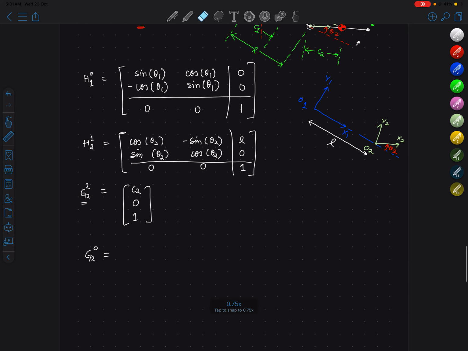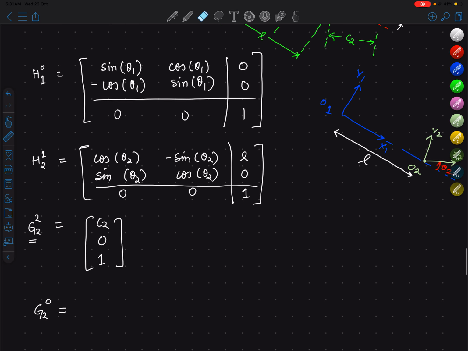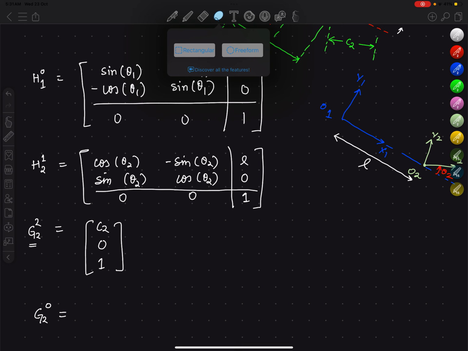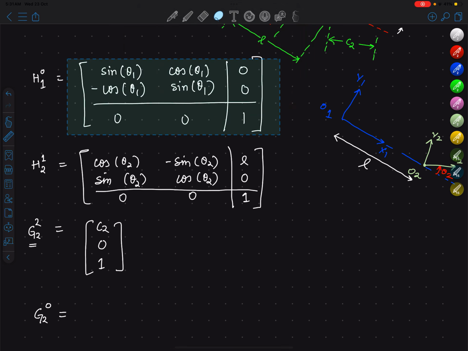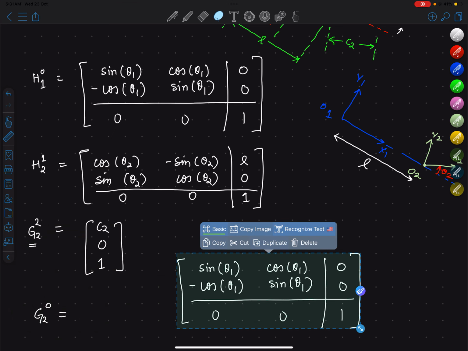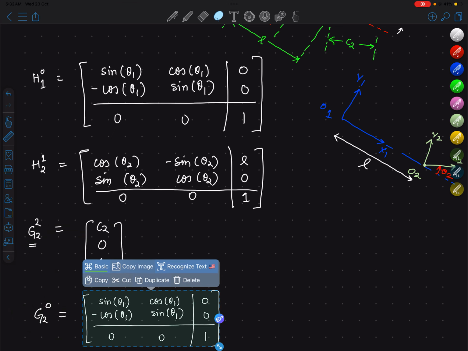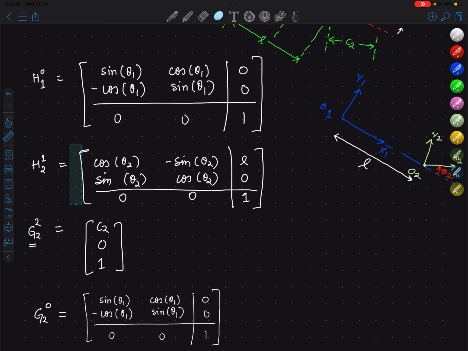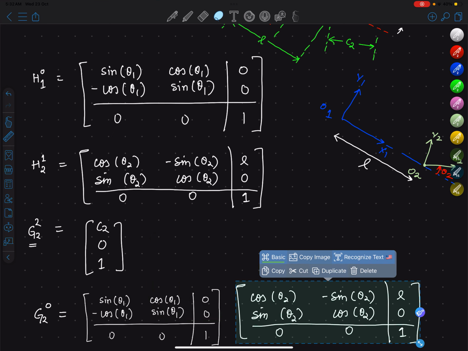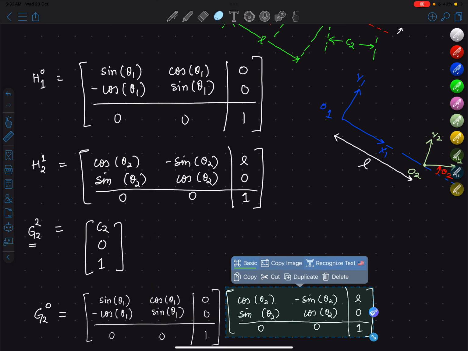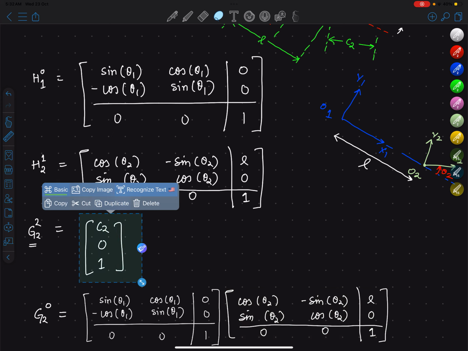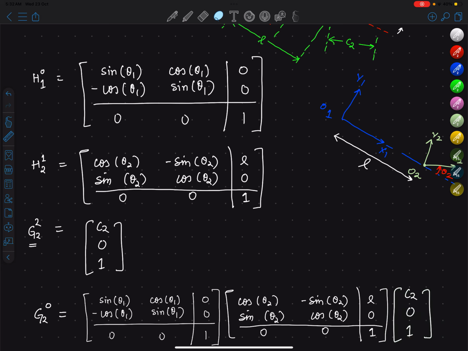Let me copy these matrices, paste, and make them smaller.